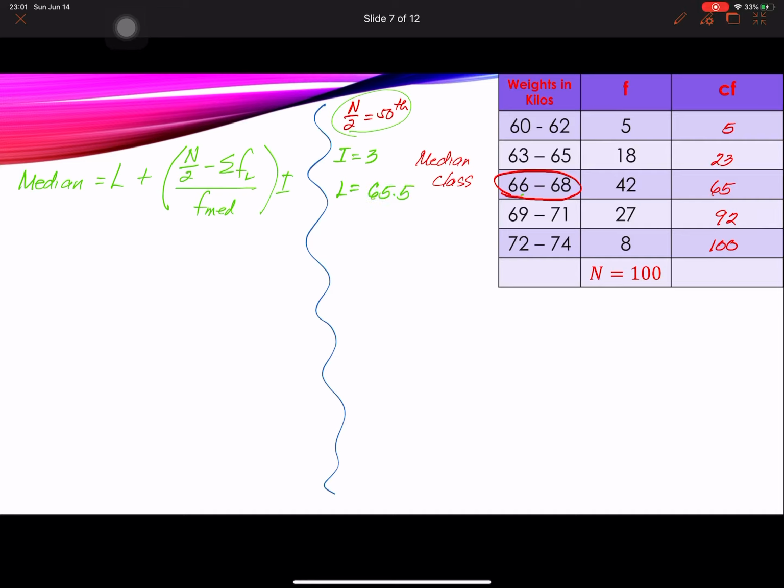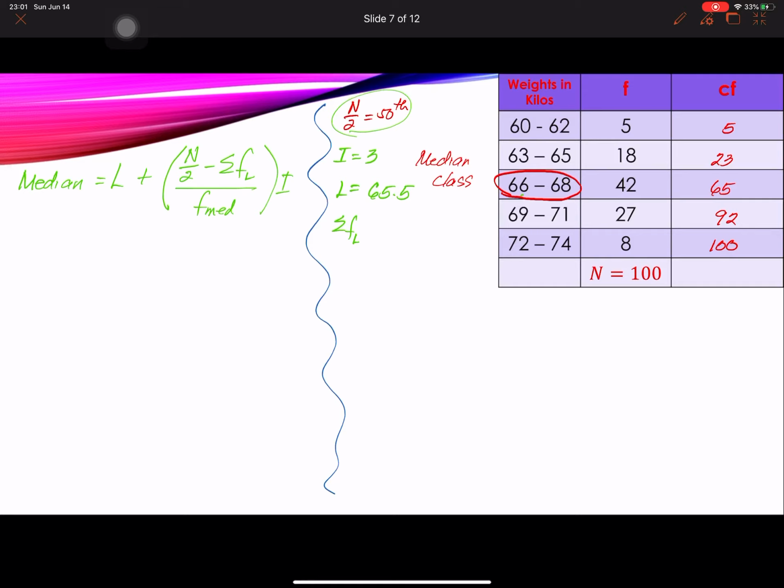And then your summation of f sub L is the cumulative frequency of the class interval preceding the median class, or in other words, just the sum of the frequencies of the preceding class intervals.